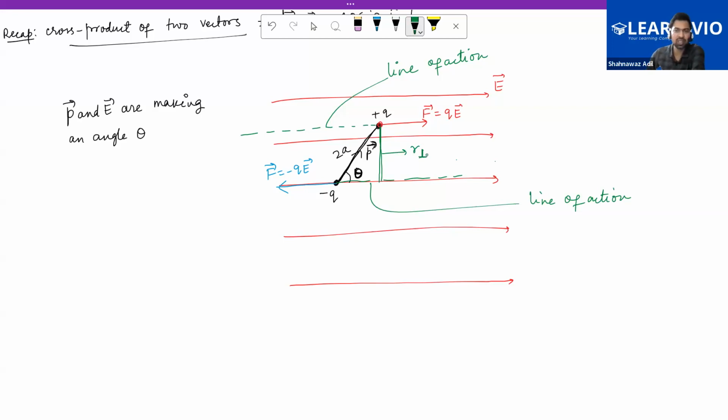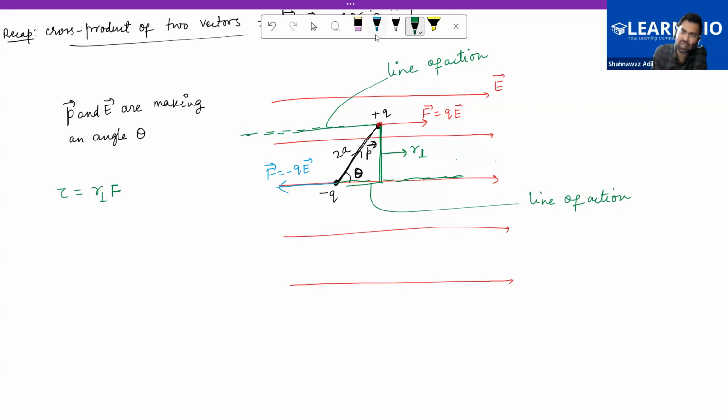Because this is one line of action and this is the other, R perpendicular is the perpendicular distance between the lines of action. So what would be the torque? Torque would be R perpendicular times this force.